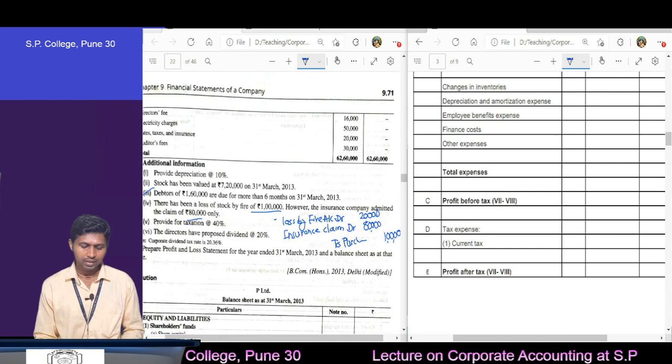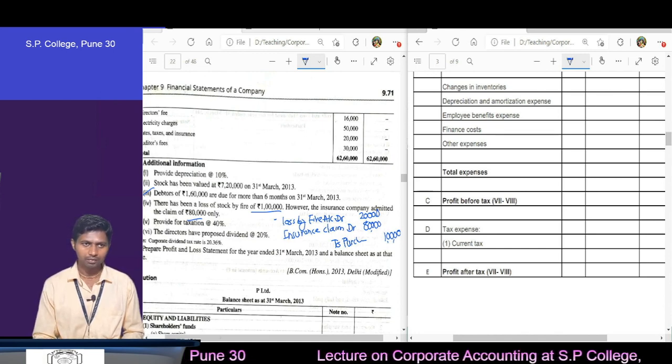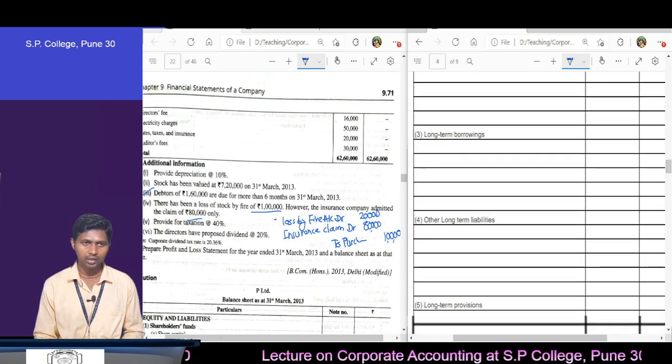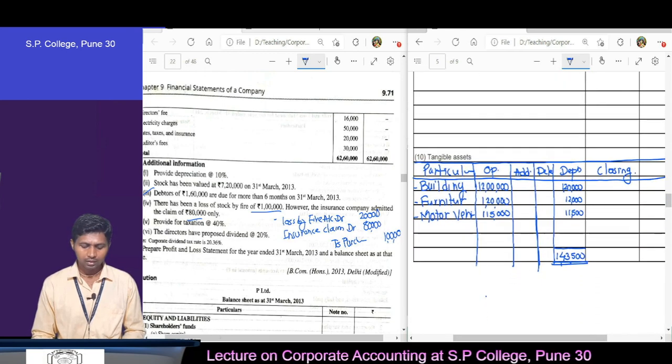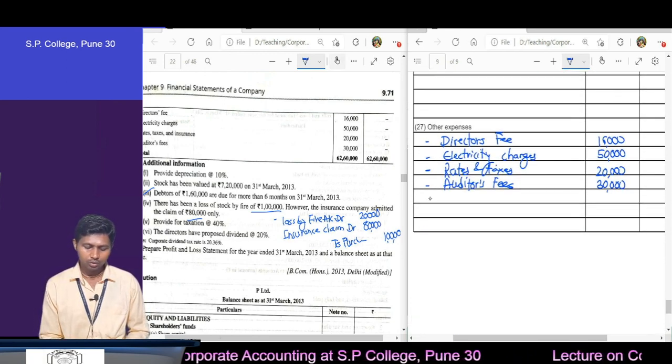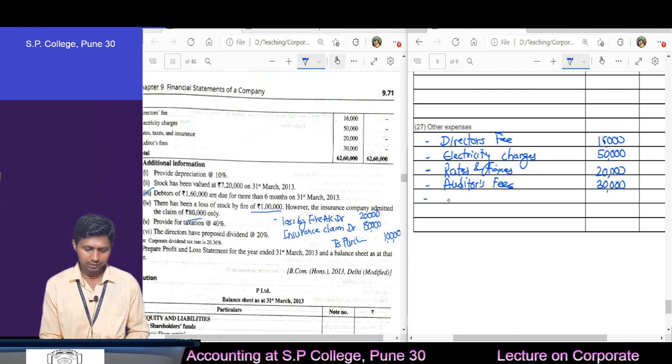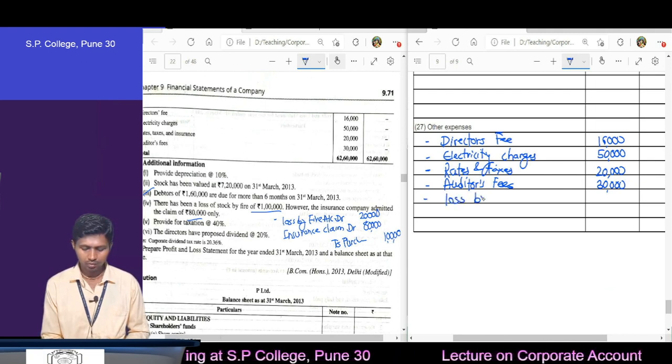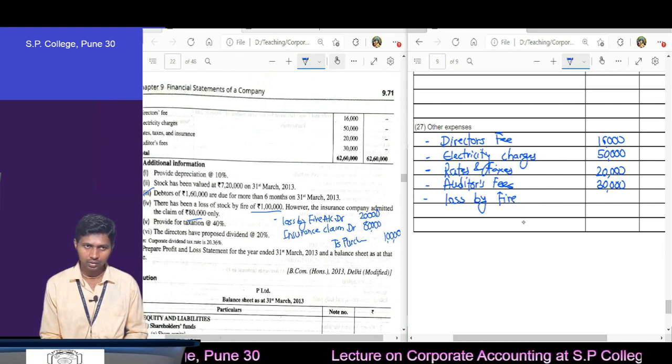But my dear students, we simplified the format, therefore in this format you will not find extraordinary items. Do one thing, check the last part, instead of writing there, no space, therefore in other expenses write loss by fire. Can you still get the correct profit? Yes, you will get the correct profit.